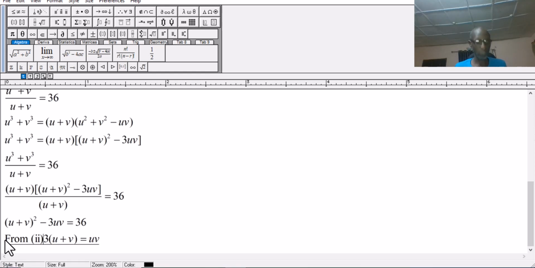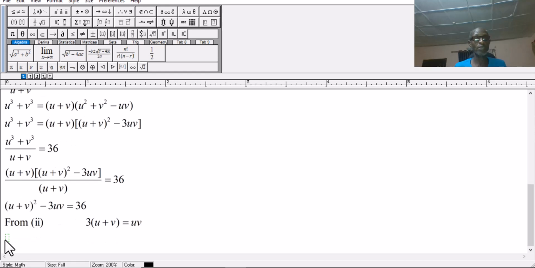You need to remember this. So we can say that our u plus v is equal to uv over 3. Let's term this I3.